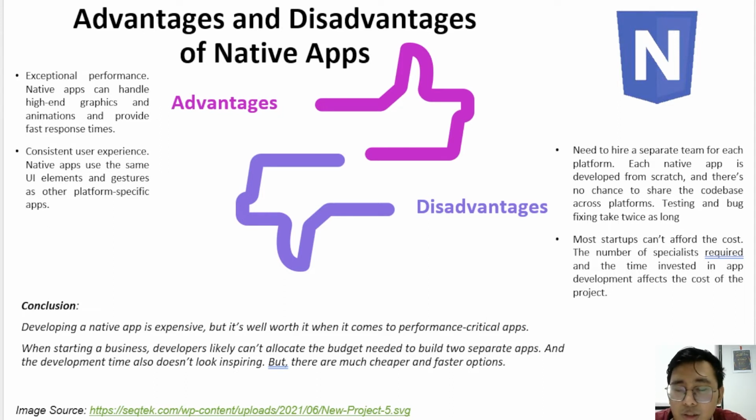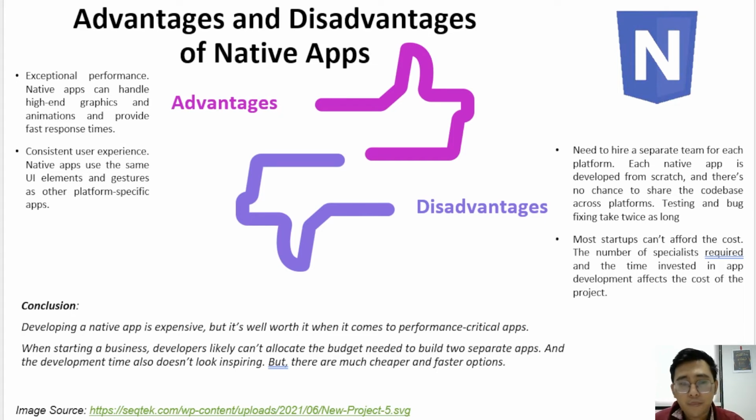So there's little chance to share the code base, even though the algorithm would be the same, we still need to consume a lot of time, and it will take twice as long and even more than that. For other disadvantages, most startups can't afford this kind of cost because the number of specialists required and the time invested in app development will affect the cost of the project.